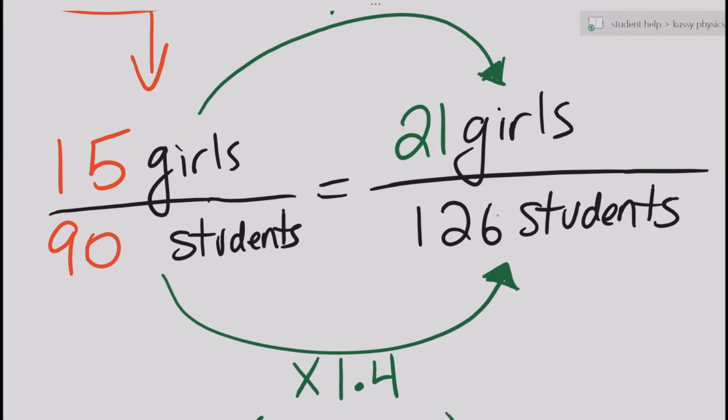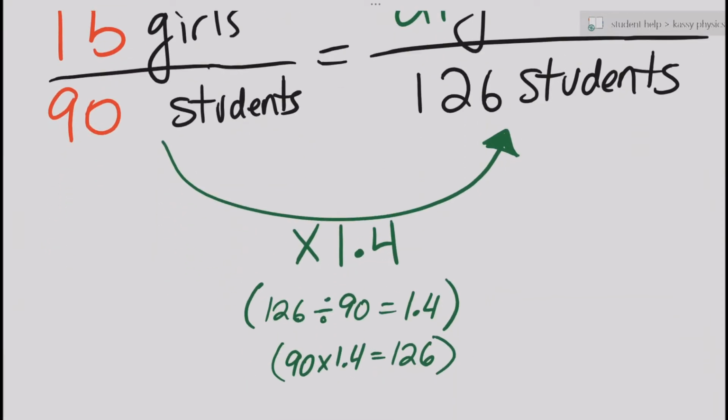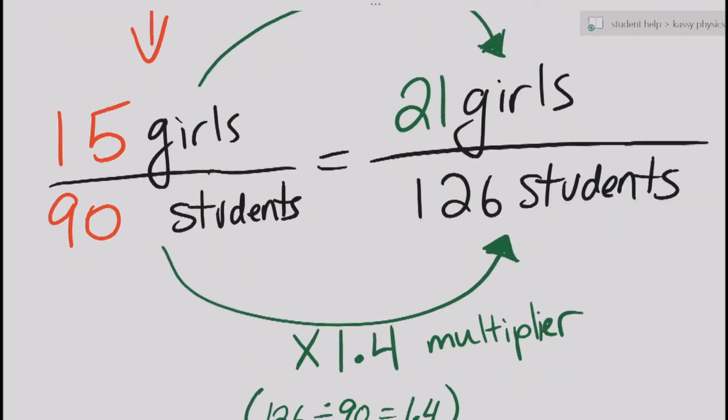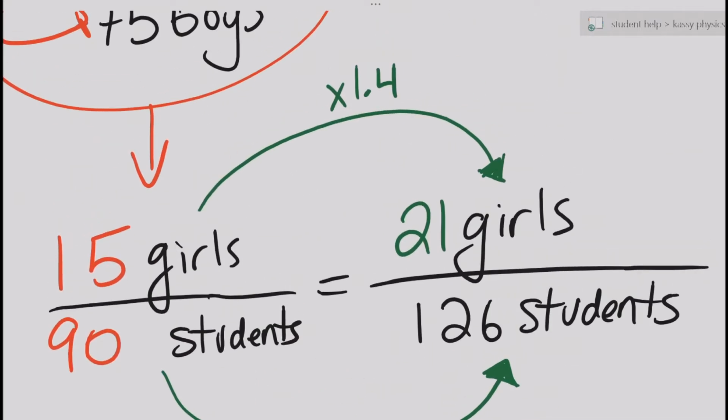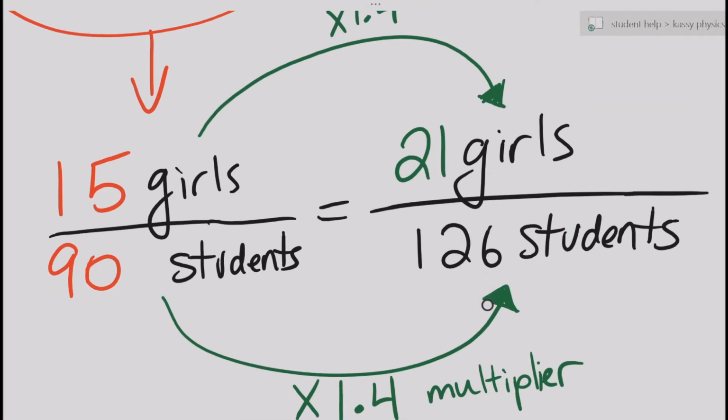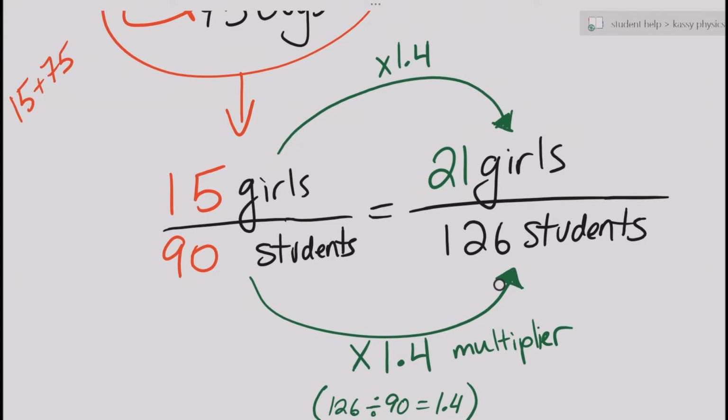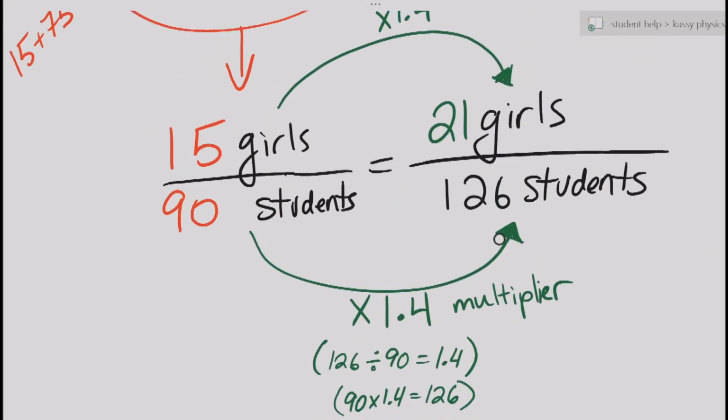And if we want to know how many for 126 students, we just have to figure out what the multiplier was down here. What did we multiply this fraction by to get the other one? We did that by dividing 126 by 90. It told us the multiplier was 1.4. And if we multiplied the 90 by 1.4, then we also, of course, must multiply the 15 by 1.4. And there it is. And so the answer is 21 girls.